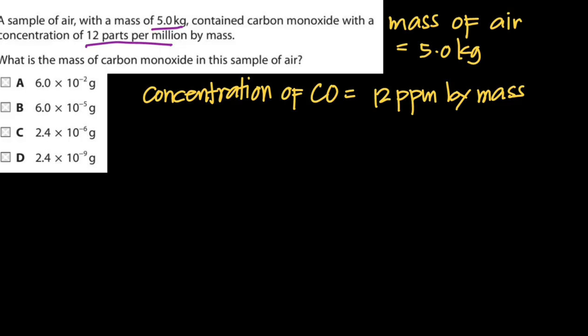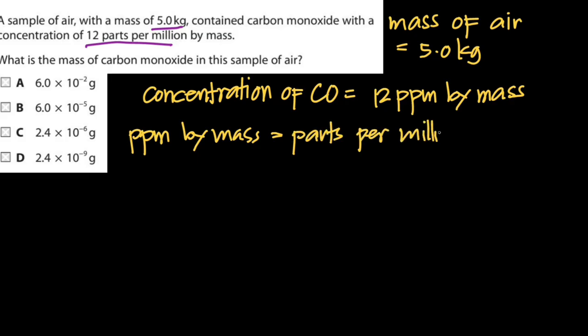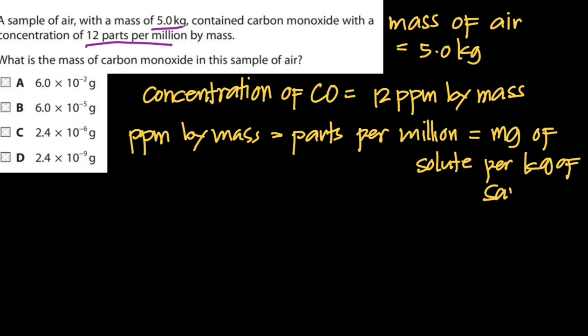sample of air. So take note here that parts per million by mass is just equal to parts per million, which is just equal to the milligram of solute per kilogram of sample.